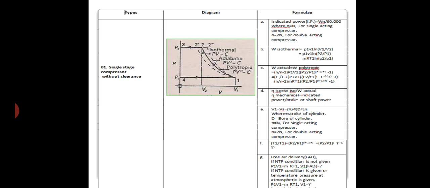Isothermal efficiency is equal to isothermal work upon the actual work, and for the mechanical efficiency we are finding the indicated power upon brake power, or we are saying brake power as shaft power in case of the compressor.